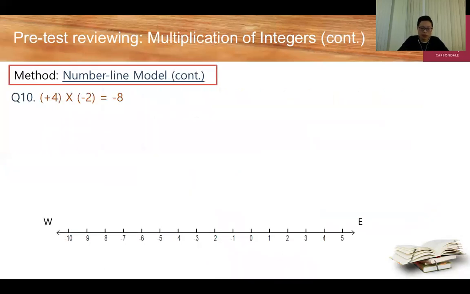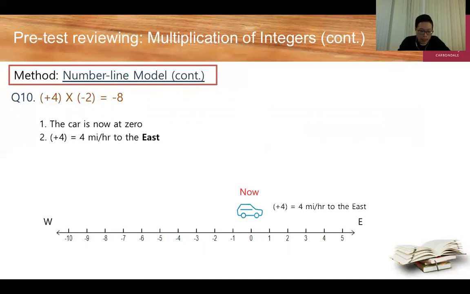Okay, so let's move on to question 10. In question 10, we use the number line model. So the car right now is at 0. This is the first rule, all right? And the multiplicand here is +4. That means the car is faced toward east and will move 4 miles per hour, okay?